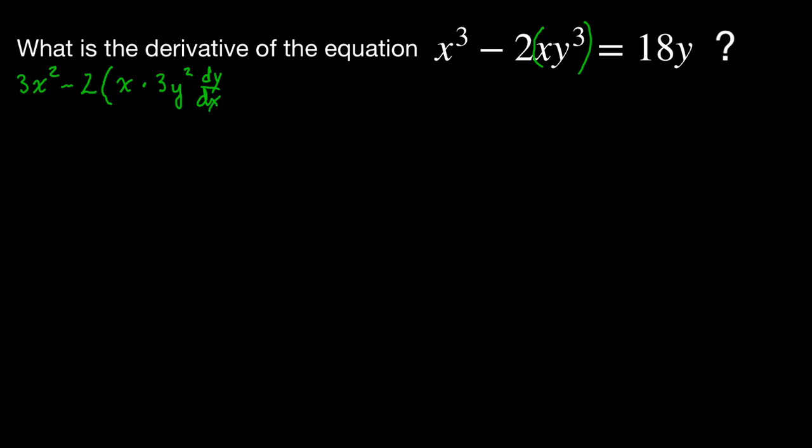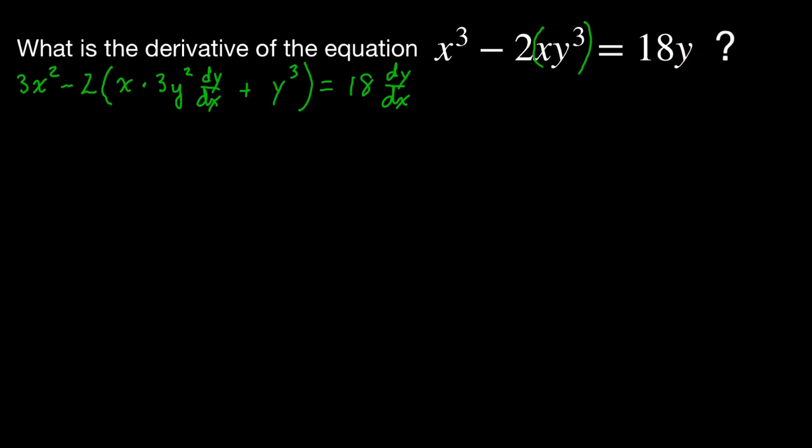We're taking the derivative of the y. Now we have plus the second, which is y cubed, times derivative of the first, which would be dx/dx, so we're going to leave that off, that's 1, equals, and then we have 18 and the derivative of y with respect to x. So here the derivative of 18y is just the 18, and then times the dy/dx for the derivative of that part.